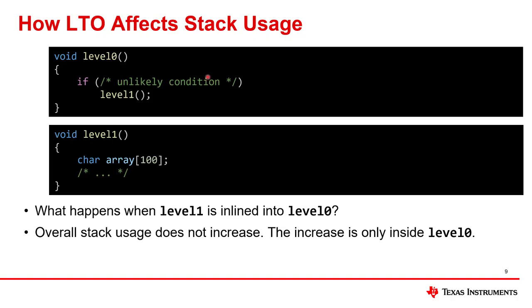Well, if this unlikely condition does not occur, and level1 is never called, you can be deceived into thinking that you need 100 bytes less than you really ought to reserve, right? Because even though the condition is unlikely, it's not impossible. And so because level1 might be called, you need to reserve this 100 bytes right here when allocating memory for your stack. Okay?